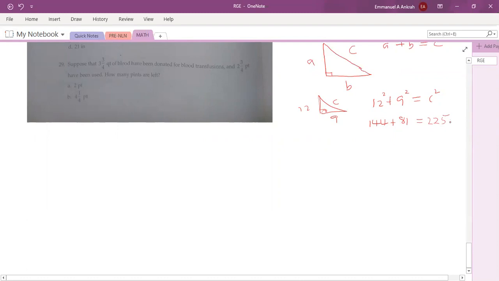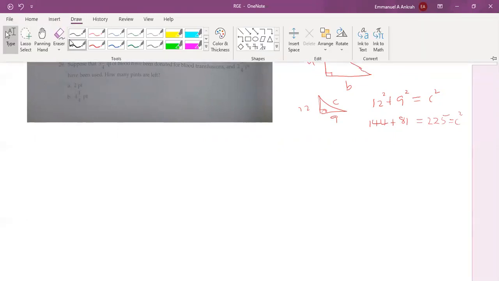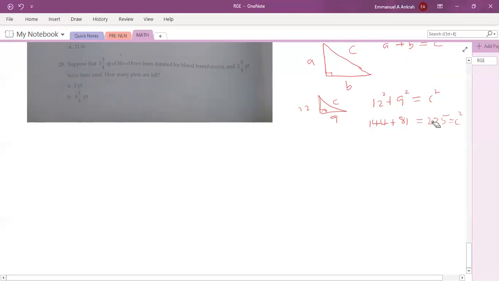So C squared is equal to 225. To get C, you take the square root of both sides.